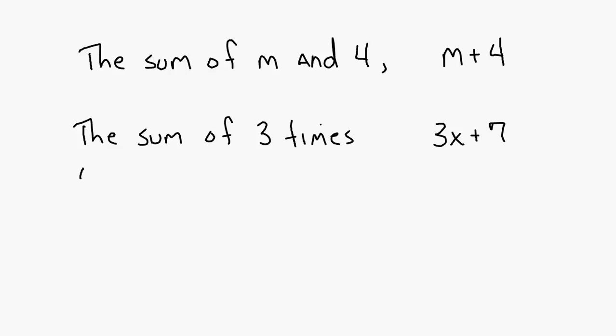Very good. 3 times a number and 7. So on the left is the word phrase, on the right is the expression. And you want to be able to take it from a word phrase to an expression, and from an expression back to a word phrase.